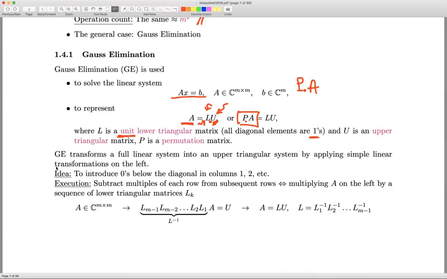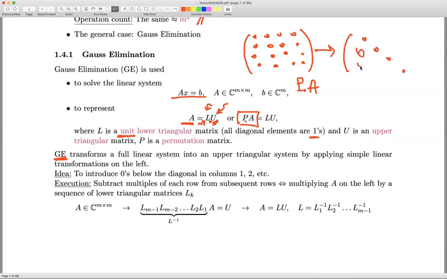So let's note what the goal of the Gauss elimination is. The Gauss elimination transforms a full linear system. What do we mean by full linear system? That means that basically all entries are non-zero. So this is a full linear system. All the entries here are not zero. And so what we do is that, after, so this is a 4x4 matrix, after performing the Gauss elimination, we end up with the upper triangular matrix.